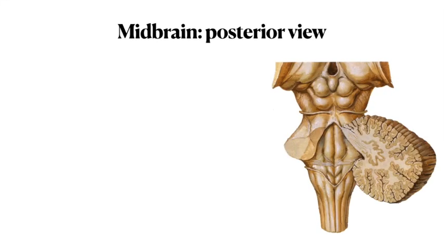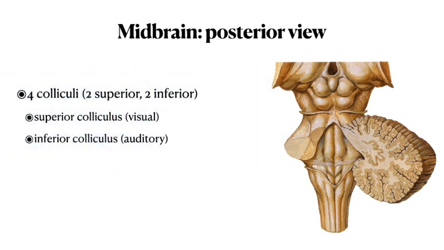Here is the posterior view of the midbrain. On the posterior view of the midbrain, we can identify 4 colliculi. Colliculi is the plural form of colliculus. So you have 1 colliculus, 2 or 3 or 4 colliculi. So we have 2 superior colliculi and 2 inferior colliculi.